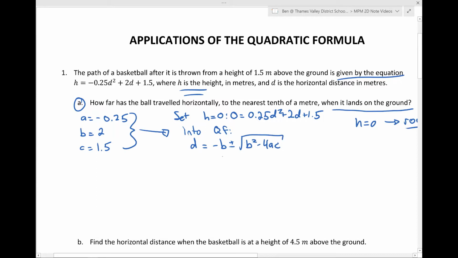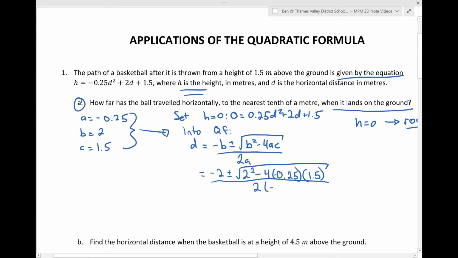I'm hoping we're getting faster and faster at remembering this, all divided by 2a. Now, d equals negative 2 plus or minus the square root of 2 squared minus 4 times a, which is negative 0.25, times c, which equals 1.5, all underneath the square root sign, and all divided by 2a, that's 2 times negative 0.25.